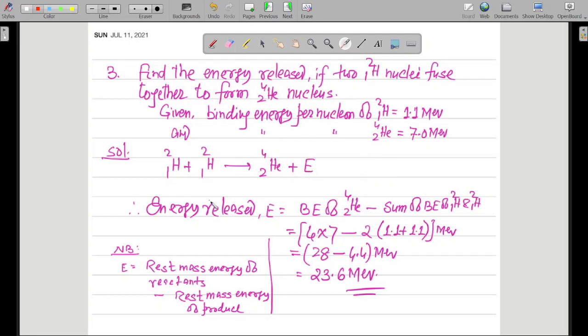So how to calculate the energy released? Energy released E is given as binding energy of products minus sum of binding energy of reactants.